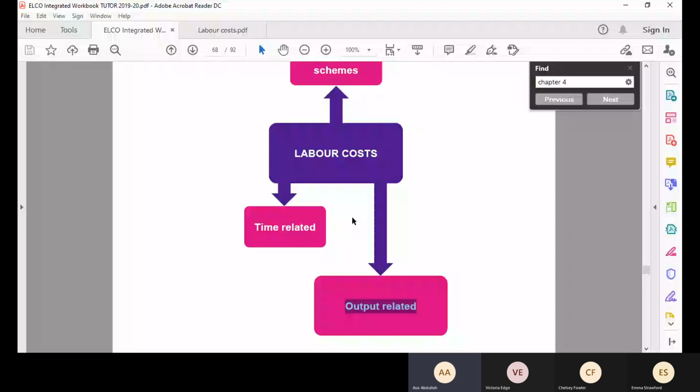So salaried staff form part of an organization's fixed cost. Salaried employees are a fixed cost. So it does not depend on number of hours or output.